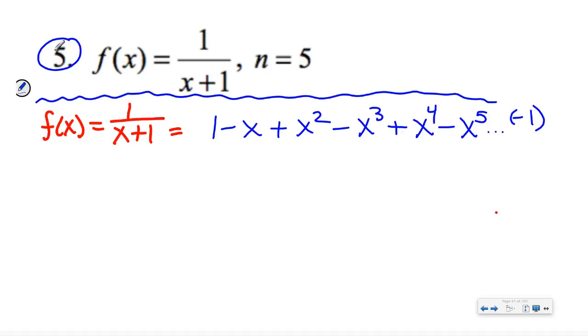It's just -1 to some power, and then it's x to a power. I would like it to be x to the n. Are you okay with that? The problem is then what must my counting mechanism start at? 0. So I'll write down here that n is greater than or equal to 0.